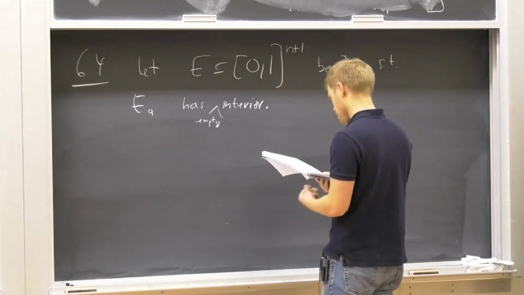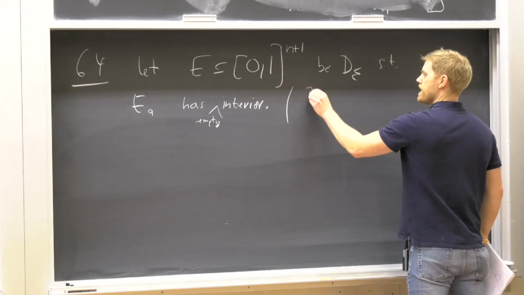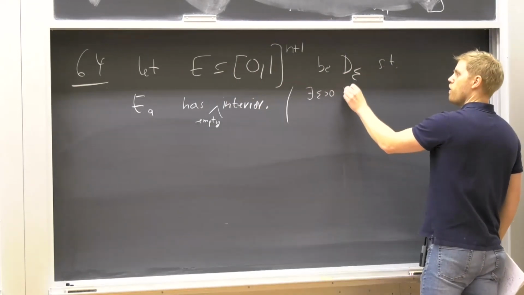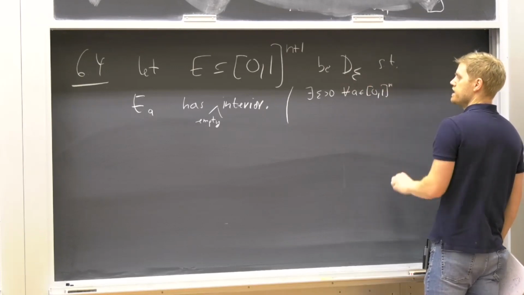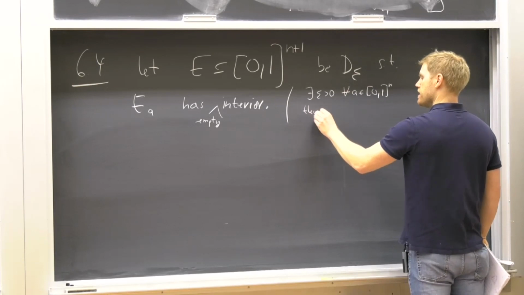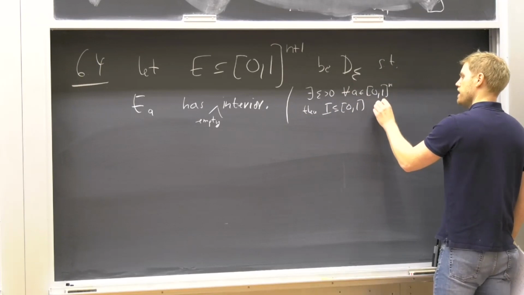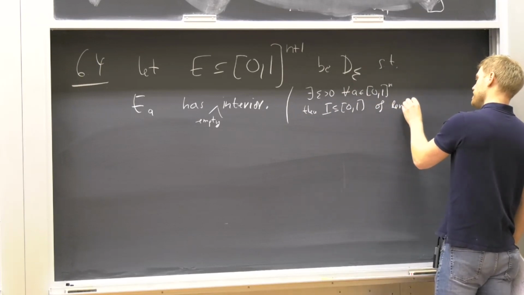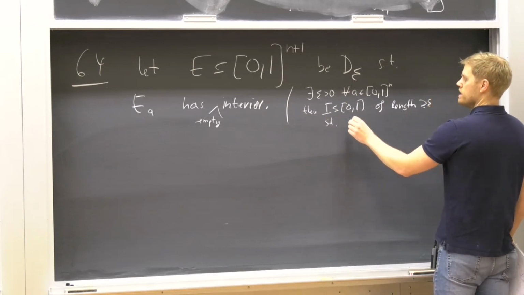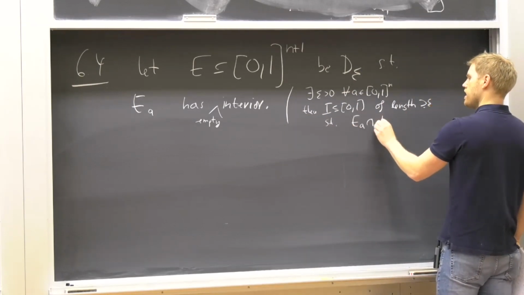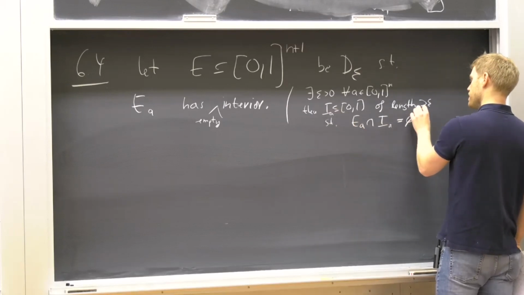As I showed last time, there is an epsilon such that for all a in [0,1]^n there is an interval I in [0,1] of length at least epsilon, which might depend on a, such that E_a intersected with I is empty.